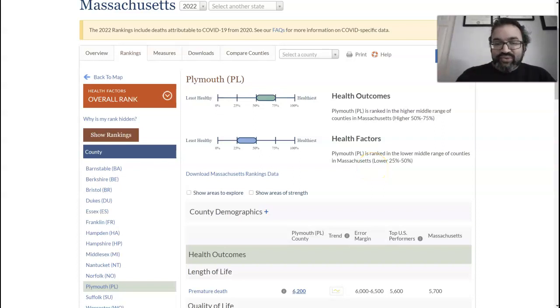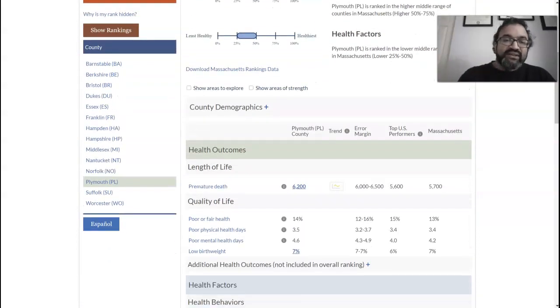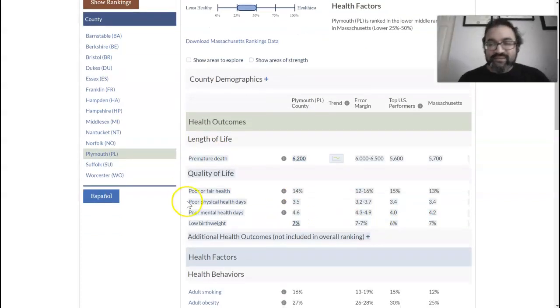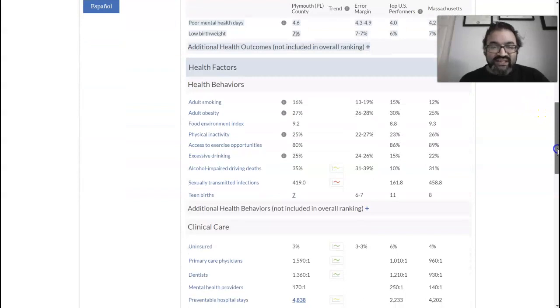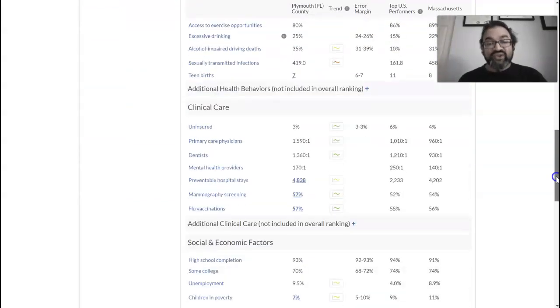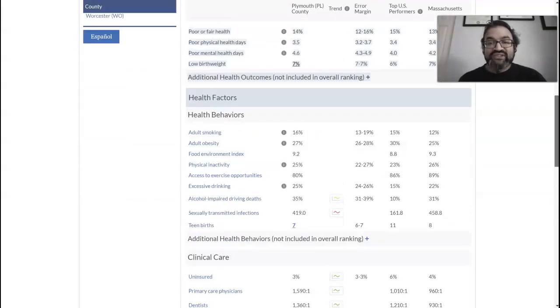So how are the health outcomes determined? Well, you can look at some of these measures here. One of the advantages of using this dashboard over potentially using ArcGIS is that the categories are already provided for you.